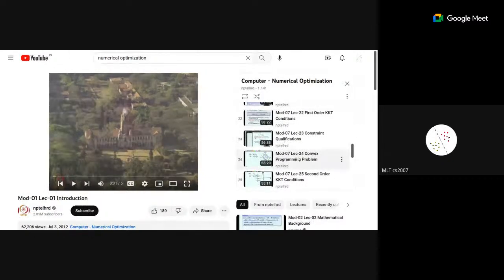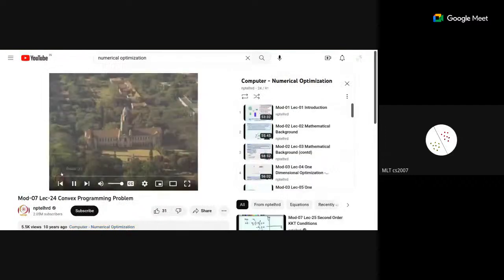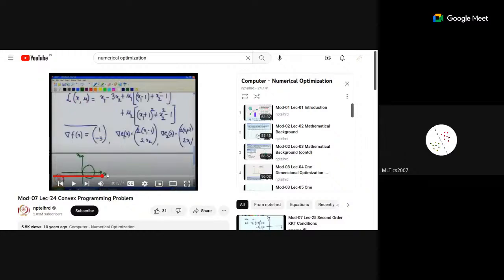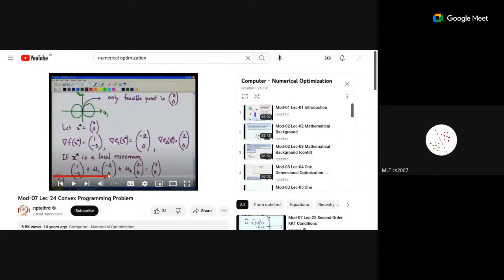So he discusses some examples here. These are not like proper examples in the sense that he uses a computer simulation or things like that, but his diagrams are beautiful.